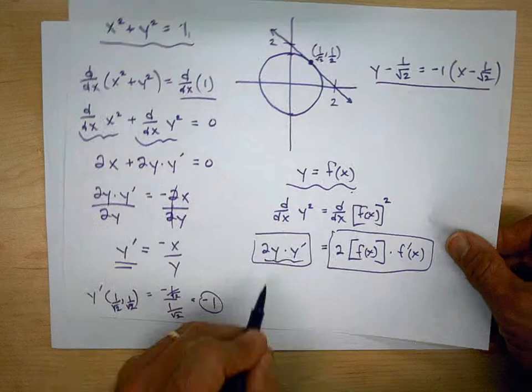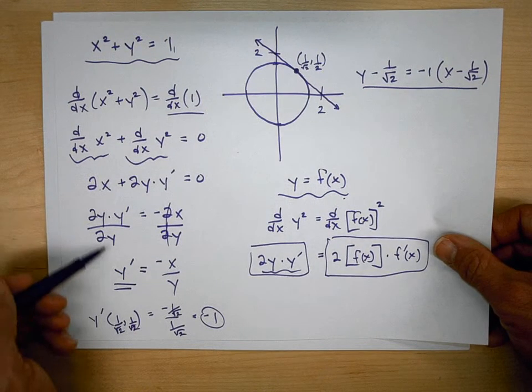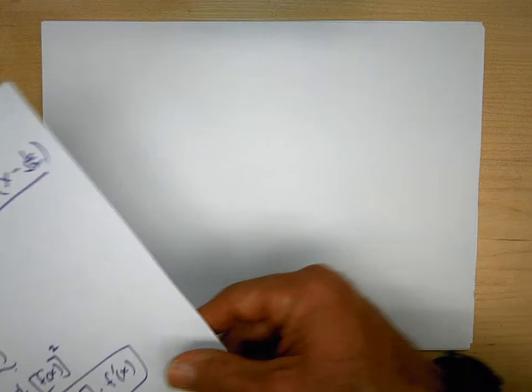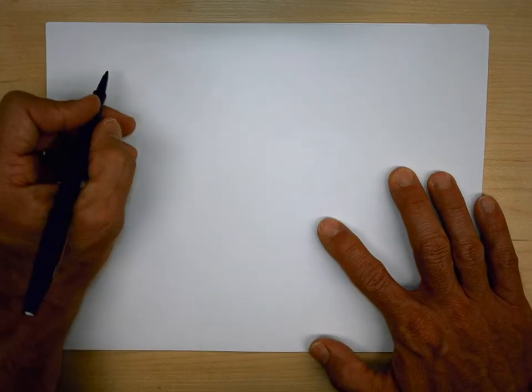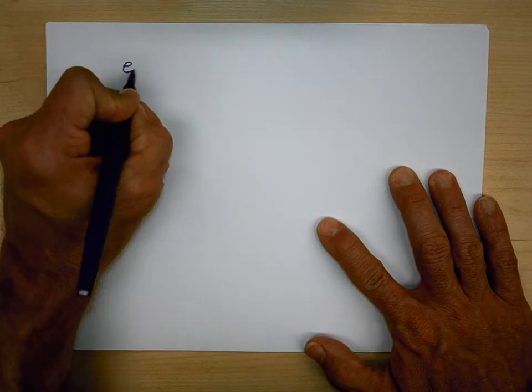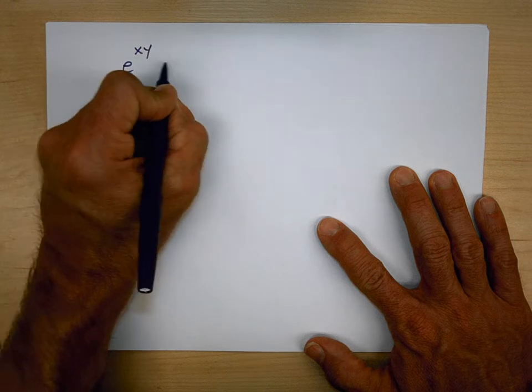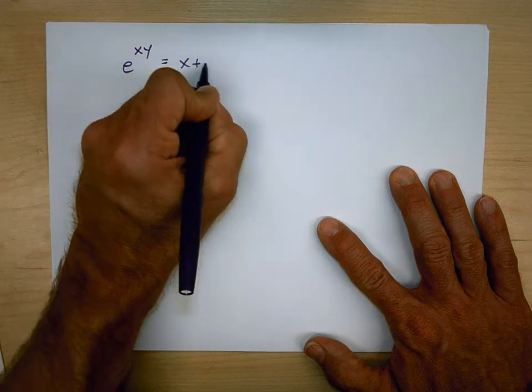Or at least we find the y prime and then we plug it back into our equation and solve. Let's see another example of that, because that was just an introduction. So let's say we wanted to find y prime for the curve e to the xy equals x plus y.